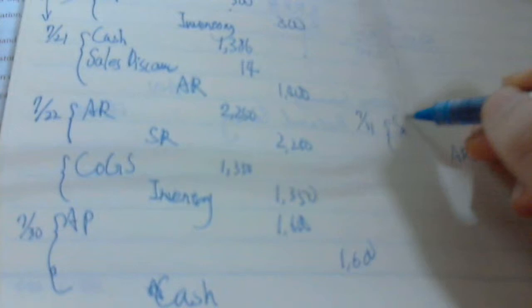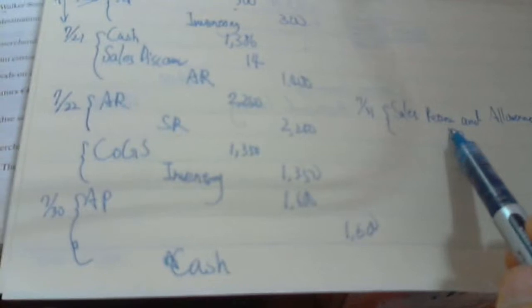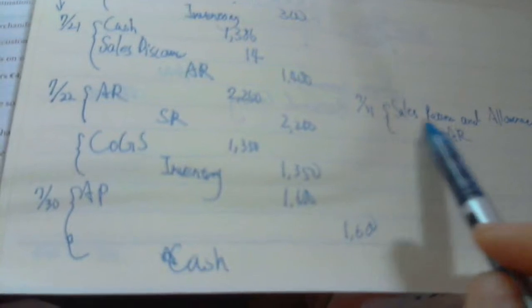So we will create another account for sales returns and allowances. At the end of the year, when you want to see your net sales, you can see, for example, my sales revenue is 1,000, and the discount for customers is $20. But if the sales returns and allowances are like 100 or 200, then you need to be careful. So remember, don't touch the sales revenue.